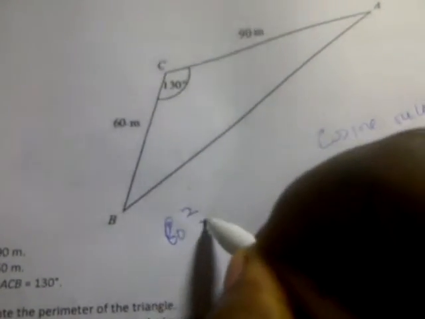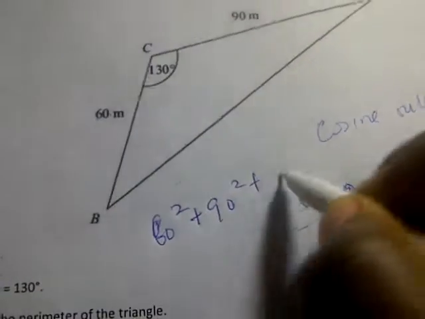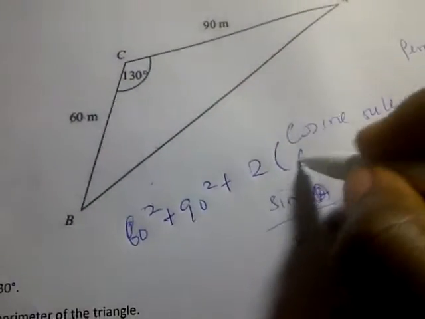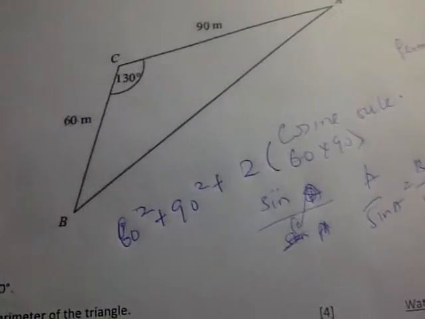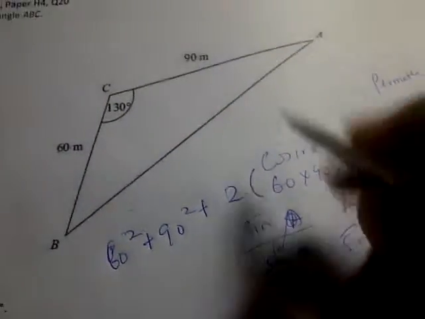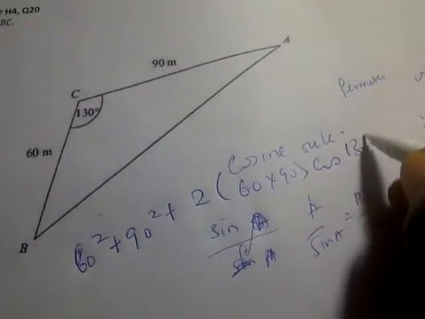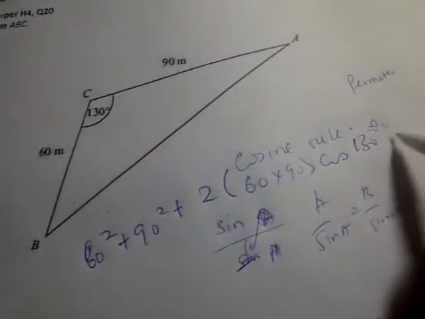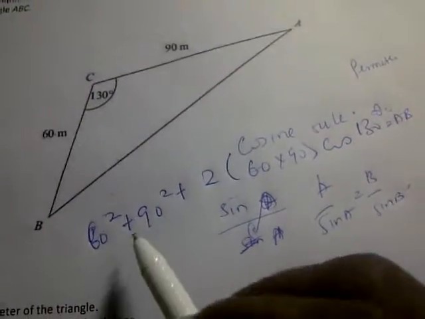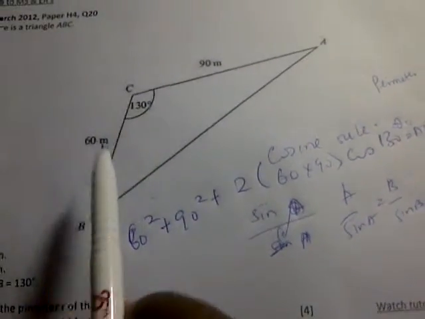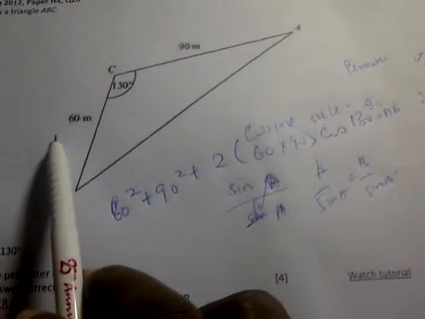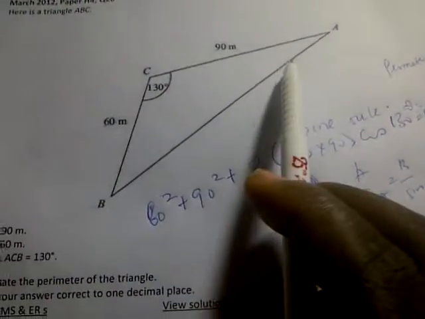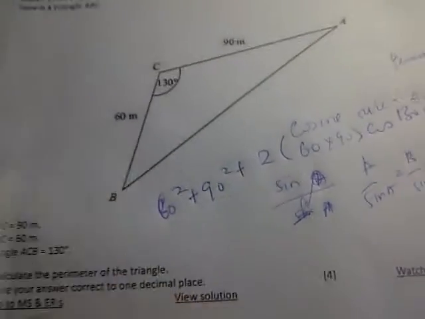We have 60 squared plus 90 squared, then 2 times 60 times 90, then cos of the angle in between them, 130 degrees. When you calculate this, you'll have AB squared. When you have two sides and an angle in between them and you have to find the other side, you know it's the cosine rule immediately.